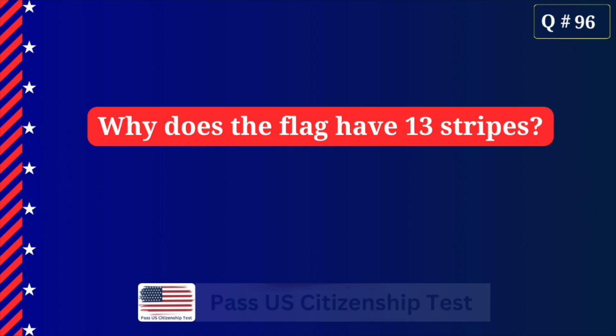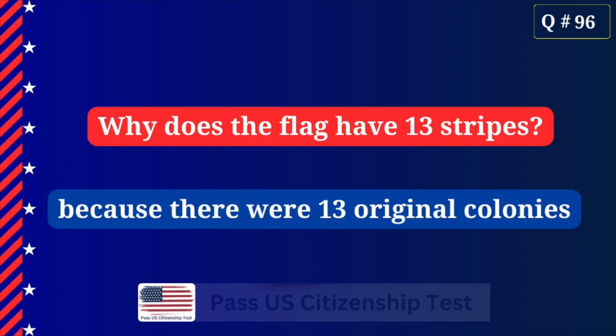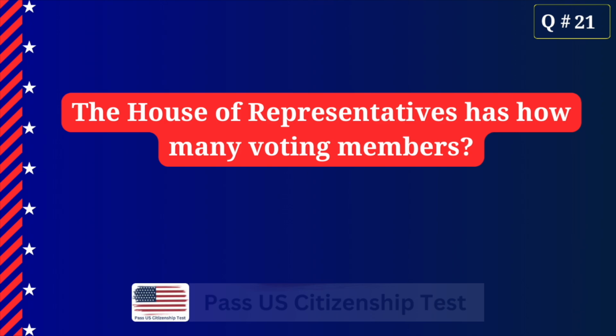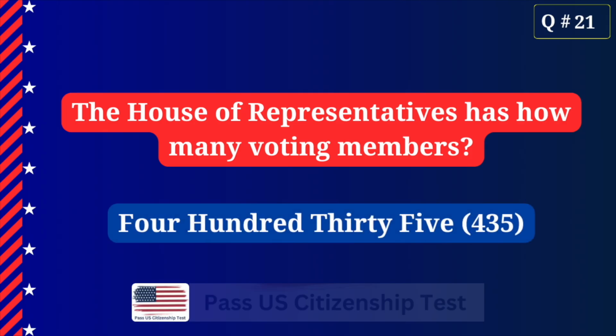Why does the flag have 13 stripes? Because there were 13 original colonies. The House of Representatives has how many voting members? 435.